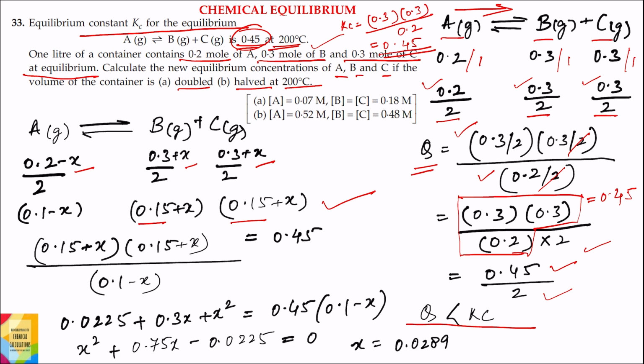Now putting the values, product of the concentration of products divided by the concentration of reactant is equal to 0.45. Solving this, the value of X is 0.0289.